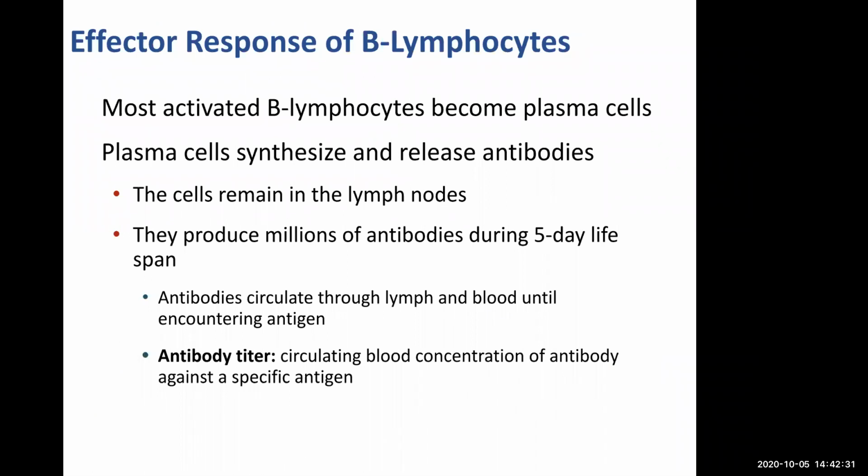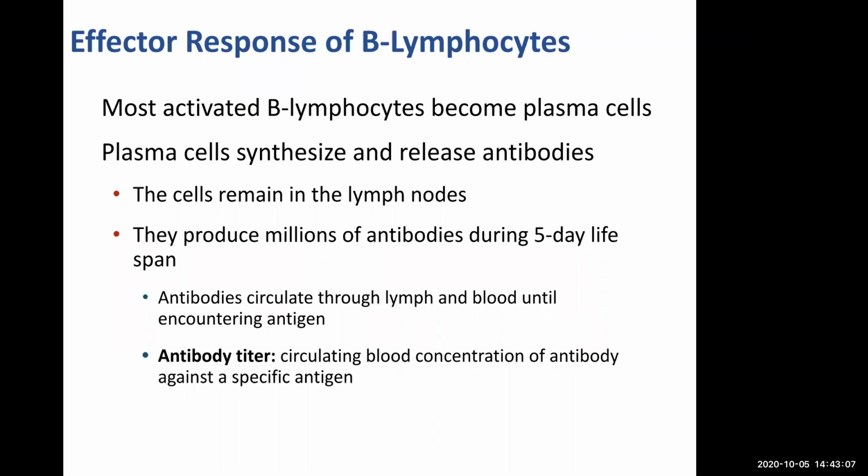Okay. And then when it comes to B cells and this concept of an antibody titer, again, activated B cells that have become plasma cells are antibody making machines, right? Those plasma cells are stationed in the secondary lymphatic structures, and they're just churning out lots and lots of antibody against the particular antigen that activated that initial B cell that turned into a plasma cell.